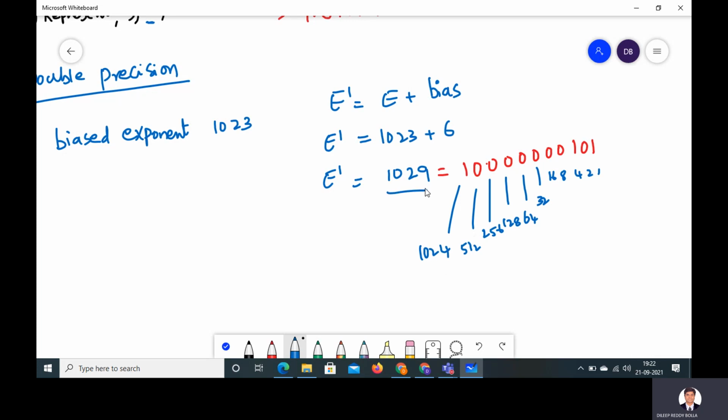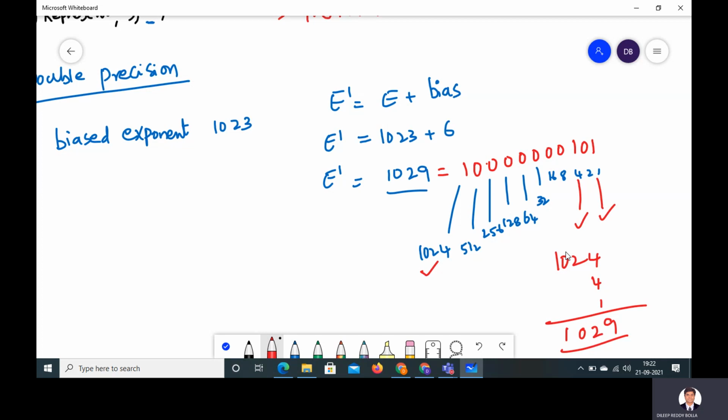Okay, if you want to get this 1029, we need to add this 1024 along with 4 and 1. So it's going to be 1029. So this way we can easily represent the number in binary. So what we represented here is correct. Okay, all right. So this is done.